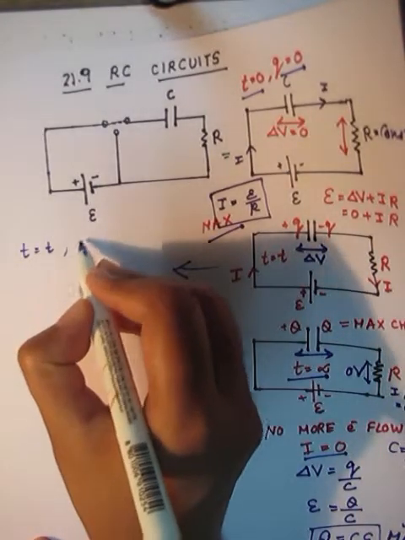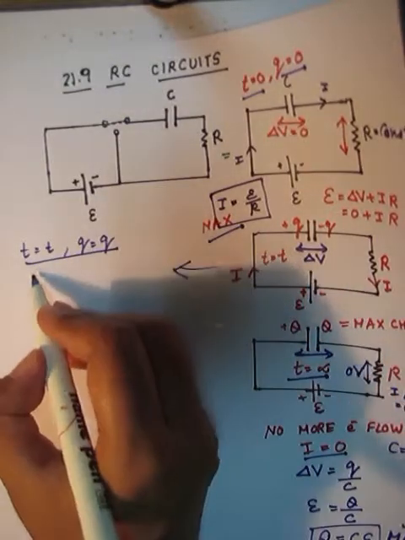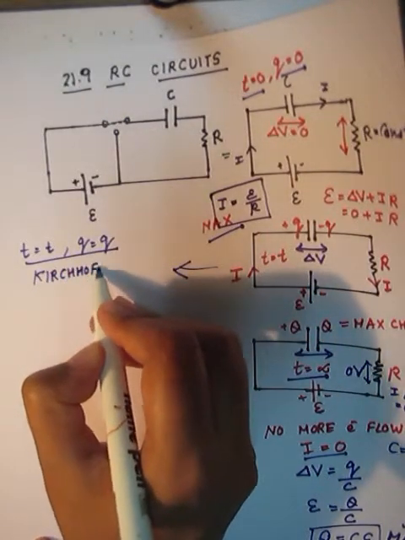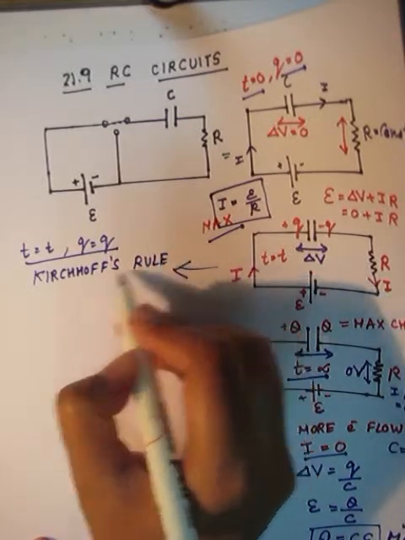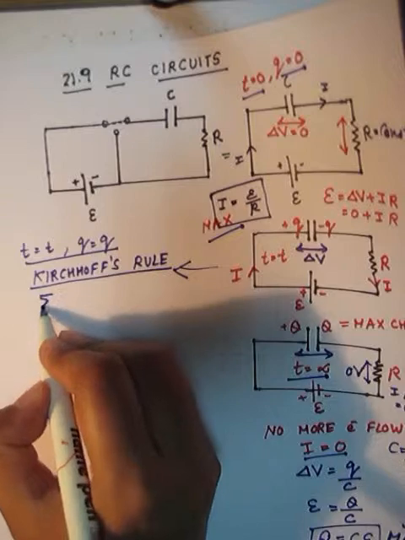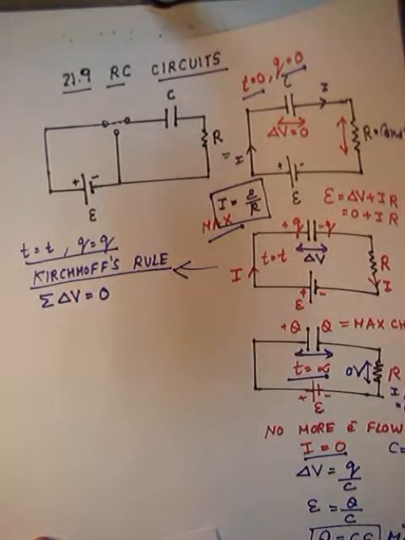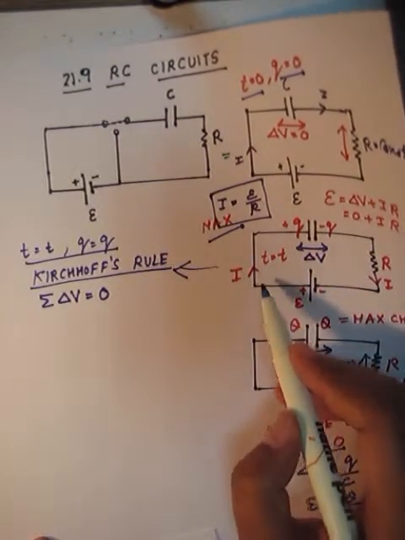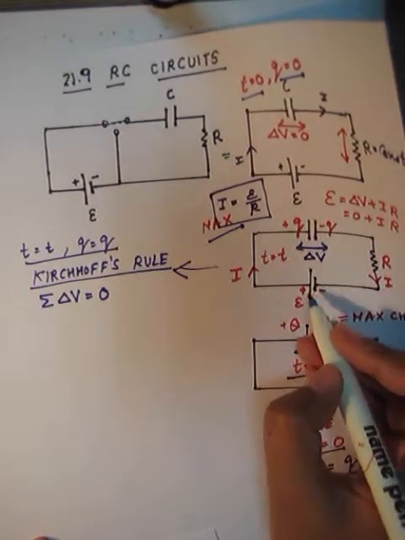When the time is t, the charge on the capacitor is q. So by using Kirchhoff's second law, it states that the total change in potential is equal to 0 in a loop. So let's take this loop here, and let's say that we are moving in a clockwise direction.